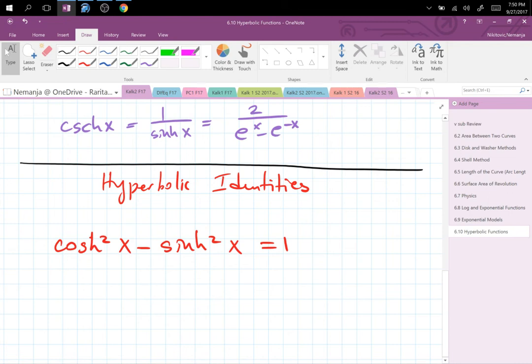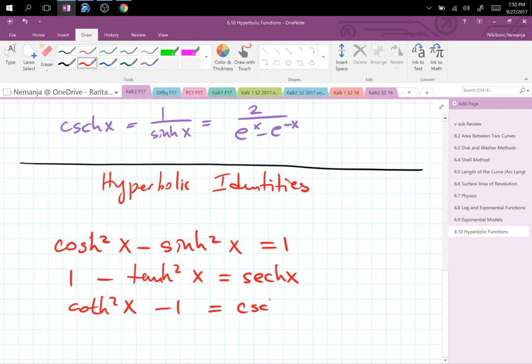Now it's going to be 1 minus tangent squared is secant squared. So just so it gets sufficiently annoying, most of these signs change. And then you had cotangent squared minus 1, plus 1. Now you have cotangent squared minus 1 equals cosecant. So cotangent hyperbolic squared x minus 1 is equal to cosecant hyperbolic. Oh, these are squares on the right hand side. They're all squares.